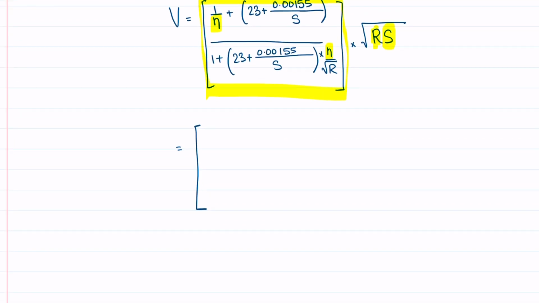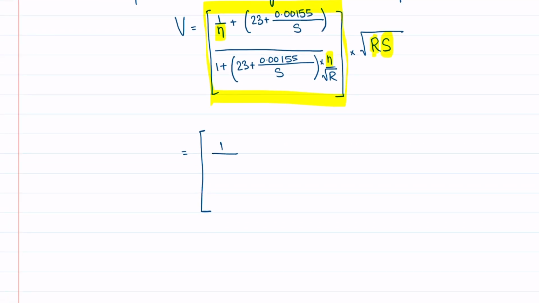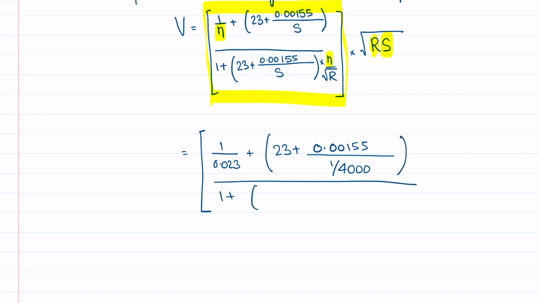We have 1 divided by 0.023 plus 23 plus 0.00155 divided by s. Bed slope we have been given in the question, so it will be 1 by 4000. Divided by 1 plus 23 plus 0.00155 divided by 1 by 4000, into n.